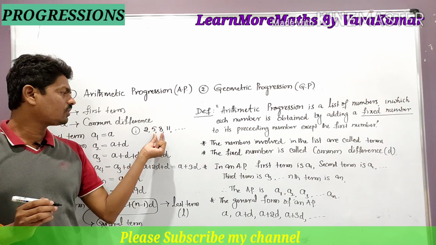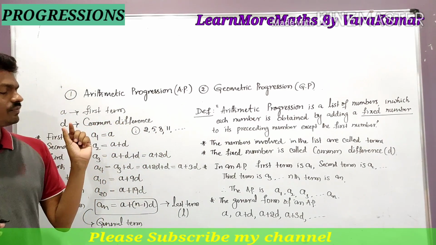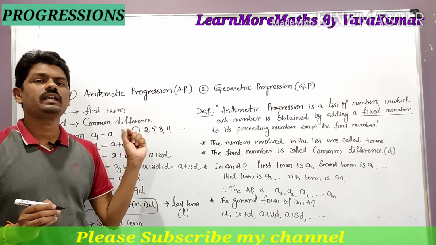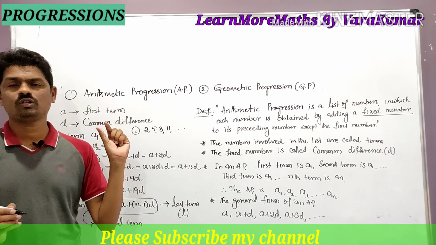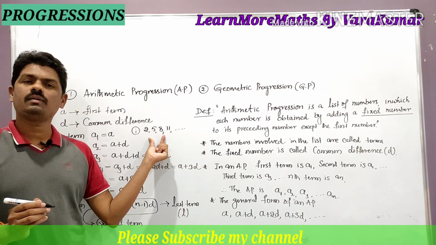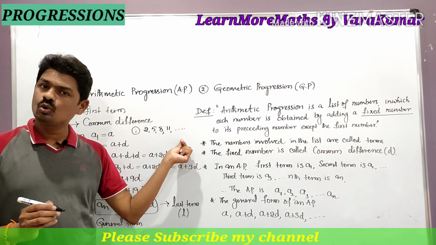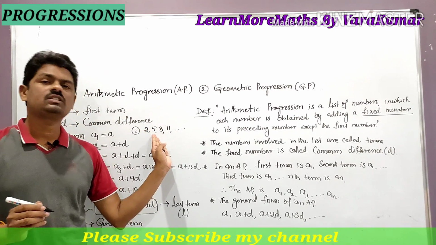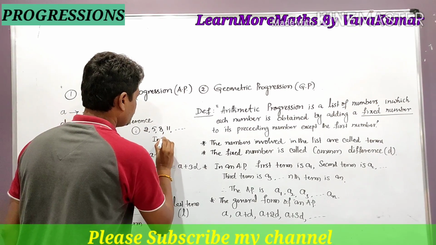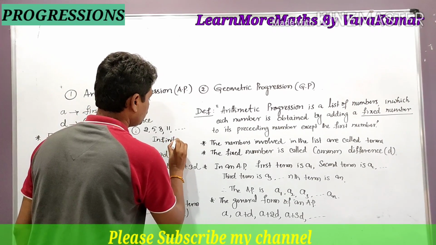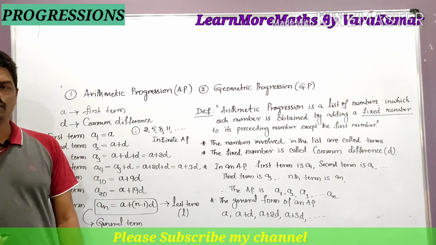By finding the common difference in every successive terms, we can say whether it is in AP or not. Here the difference is 3 in every 2 successive terms. So it is in AP, but there is no last term here. So this AP is called an infinite AP.